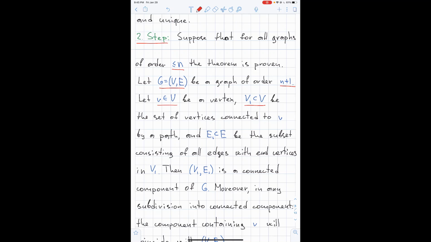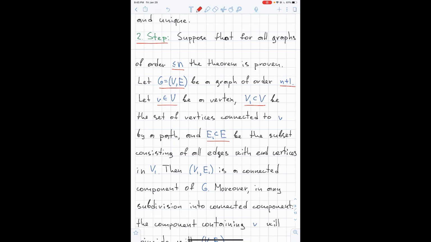And then we take E1 to be just all the edges with endpoints in V1. Note once again that no edge can go from V1 to the outside of V1, because that would contradict our construction of V1, because the other end would also be reachable from V by a path, and therefore it would have to belong to V1 as well.